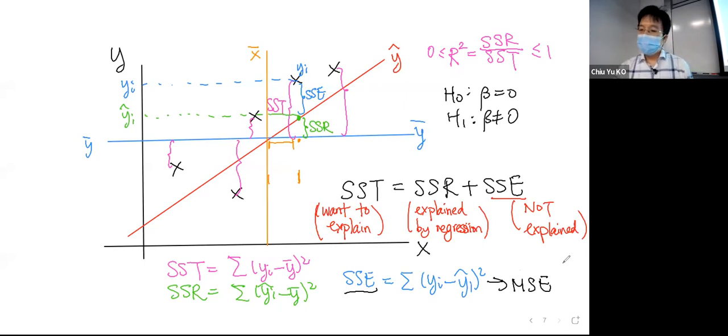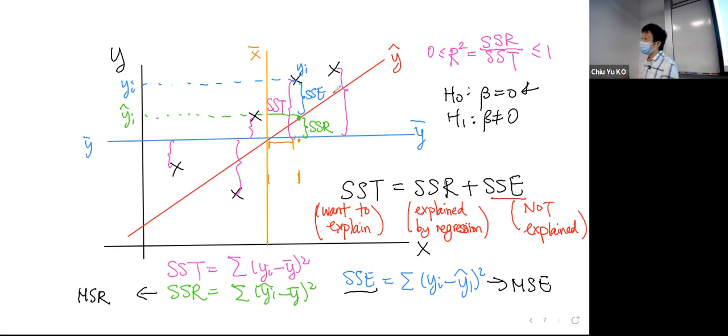And look at it under the case where beta is 0. If beta is 0, the line is supposed to be a flat one, right? Then from SSR, what you get is MSR. You calculate the variance based on how the line is different from the y bar.